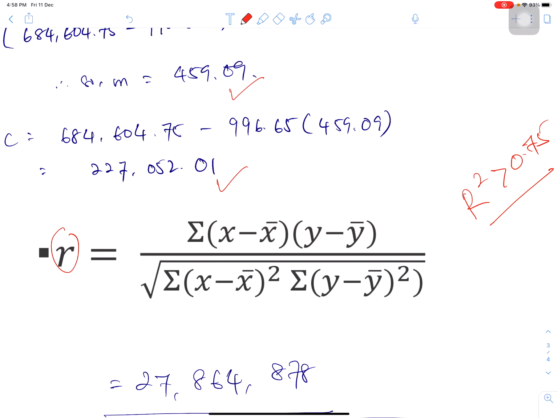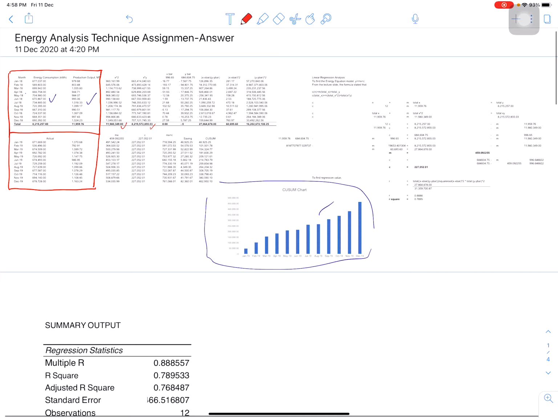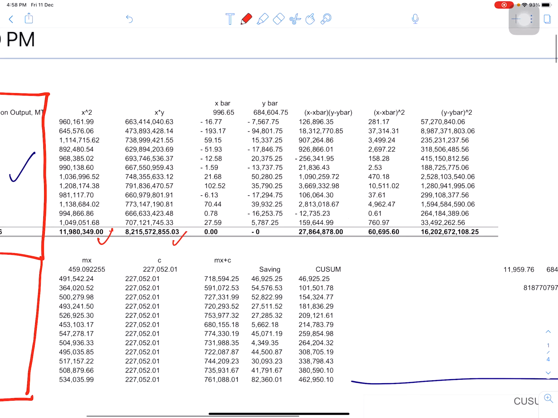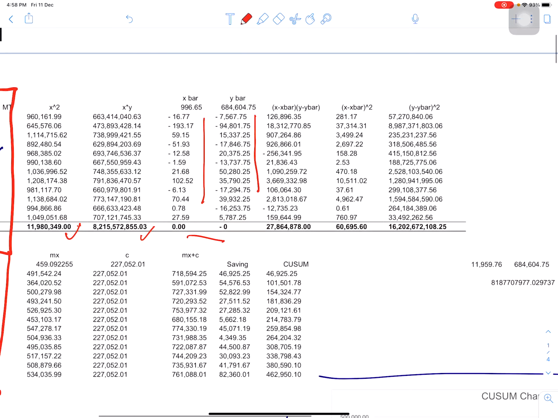So what you have to do is make a table of x minus x bar. X bar is the average of x, and y bar is the average of y. So x minus x average, y minus y average, and these are the totals. Then x minus x average times y minus y average.